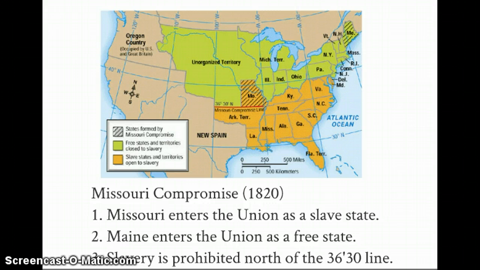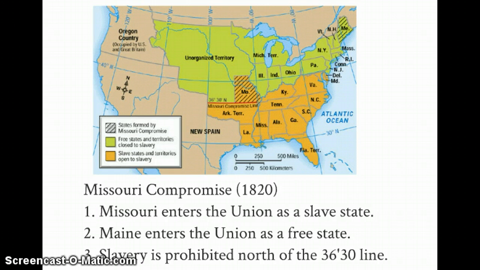The House of Representatives was controlled by the free states because the population of the free states was larger than the population of the slave states, so the House of Representatives had more free state congressmen than slave state congressmen. Congress would turn its attention to other matters and not deal with slavery legislation again for another 30 years.